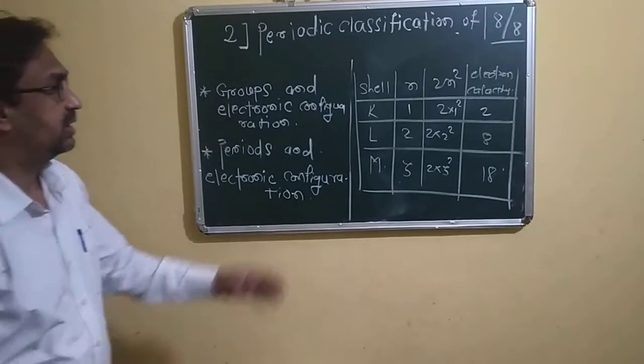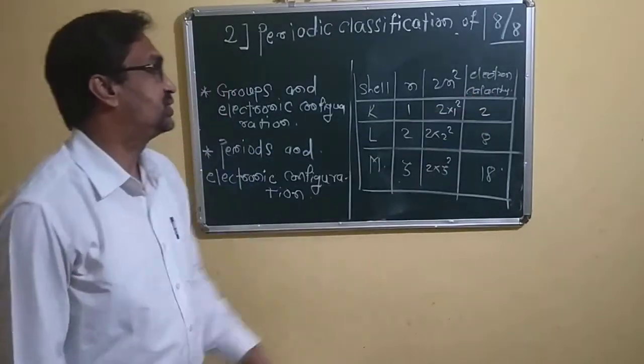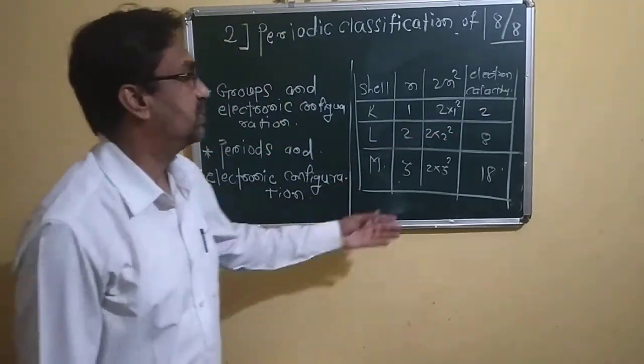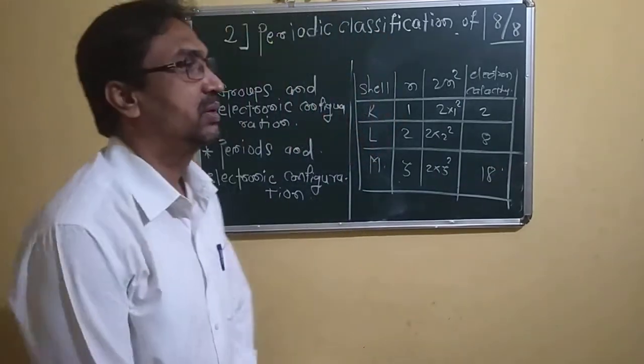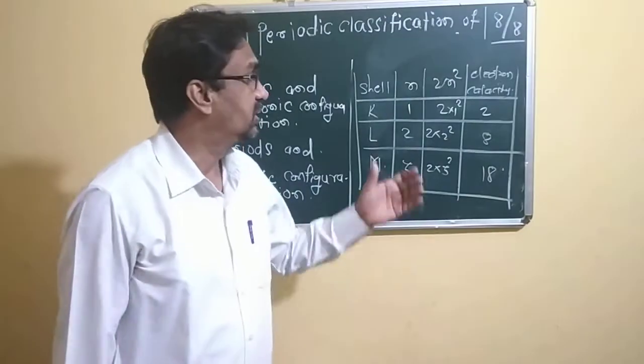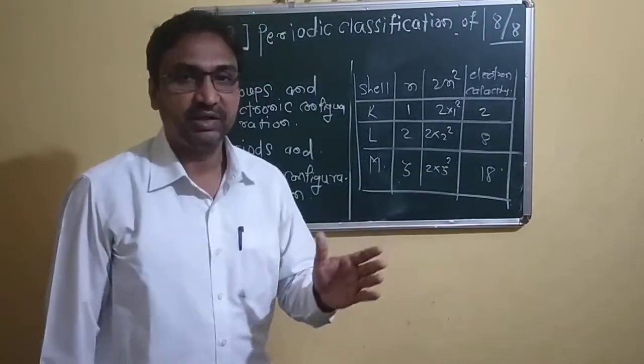So the K shell maximum capacity is 2, the L shell maximum capacity is 8, the M shell maximum capacity is 18.